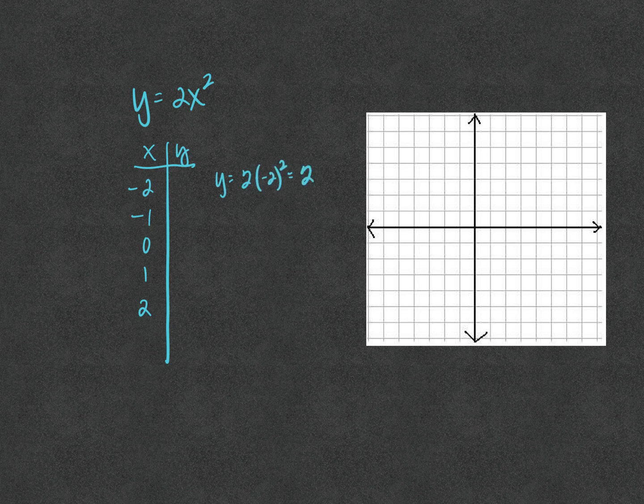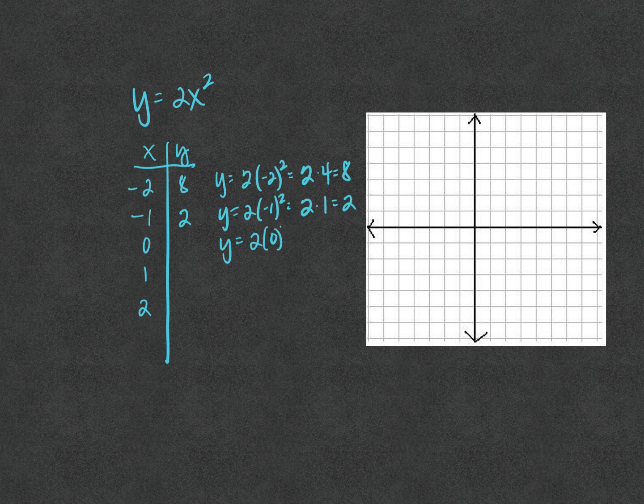Order of operations says we do parentheses and then exponents. We're going to do exponents first. -2 times -2 is +4, times 2 is 8. And then we're going to do 2 times -1 squared. So 2 times -1 times -1 is 1, and this gives us 2.